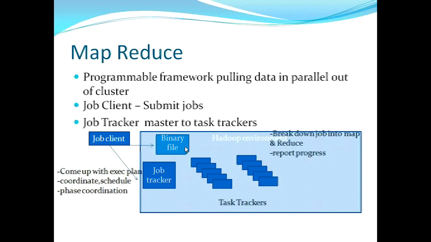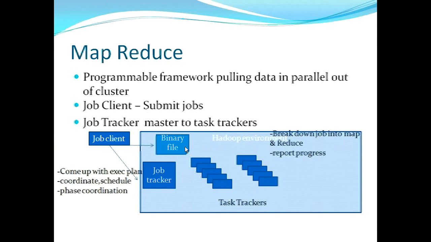While this happens, the job tracker comes up with an execution plan: what are the nearest nodes, what is the best replication factor it can get from these nodes, coordinating with the nodes and scheduling their availability to work on it, and also doing phase coordination. This is very important.